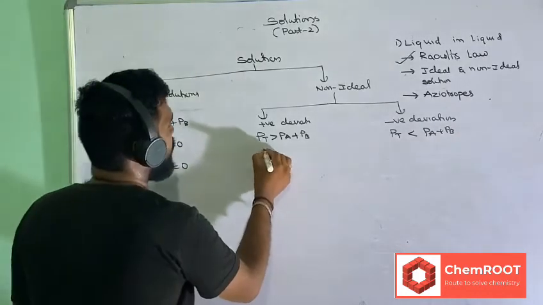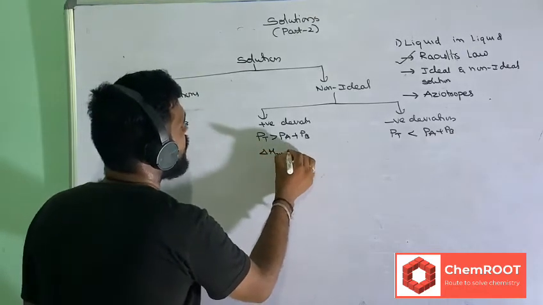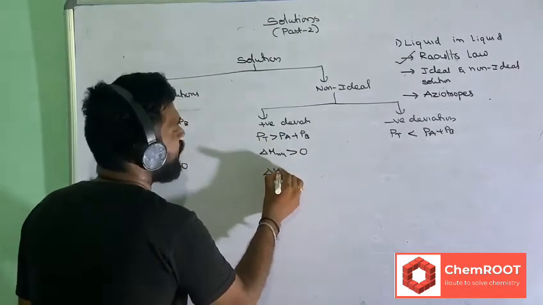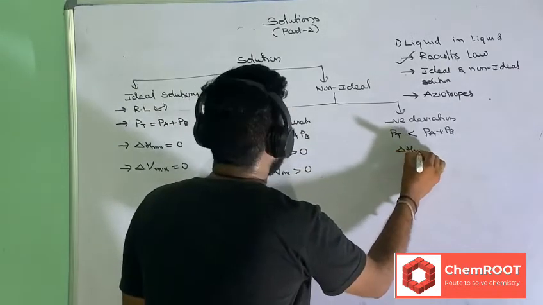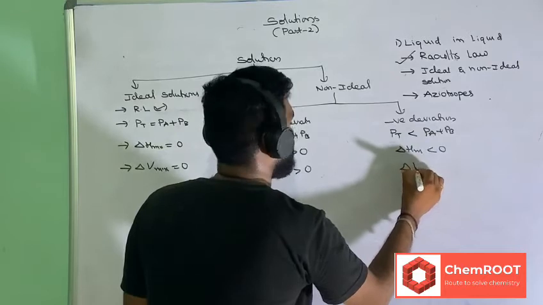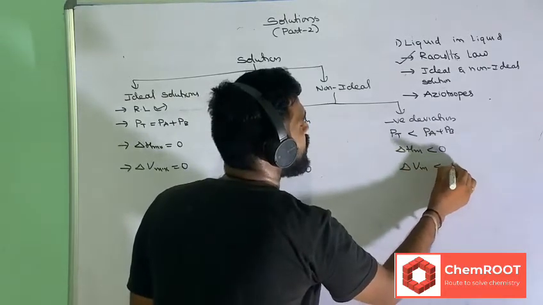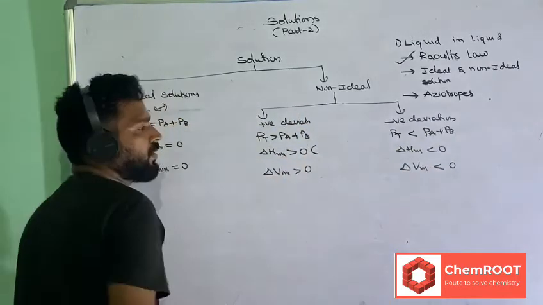For positive deviation, delta H mix will be greater than 0 and delta V mix will be greater than 0. Here delta H mix is less than 0 and delta V mix is less than 0.